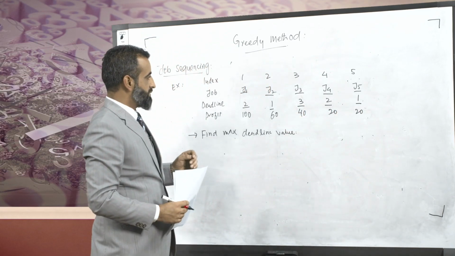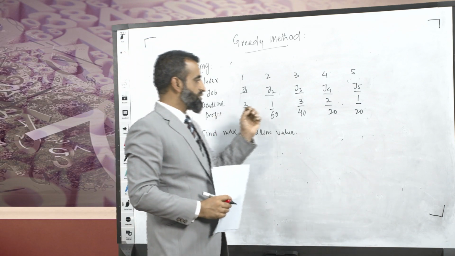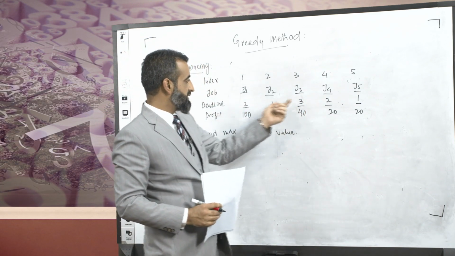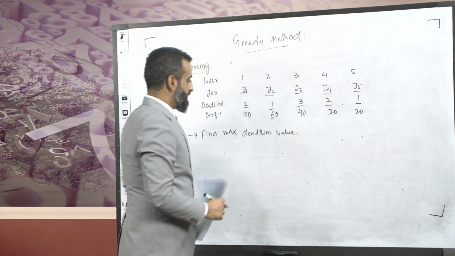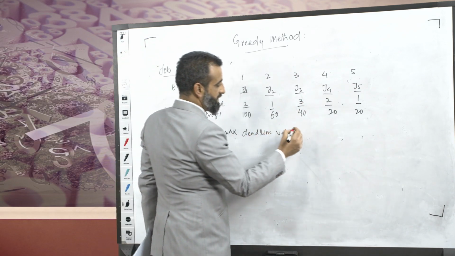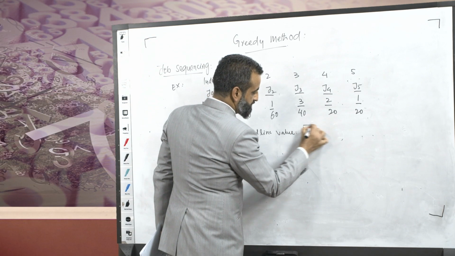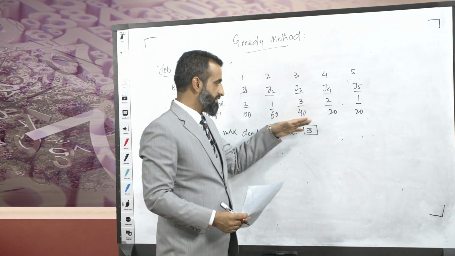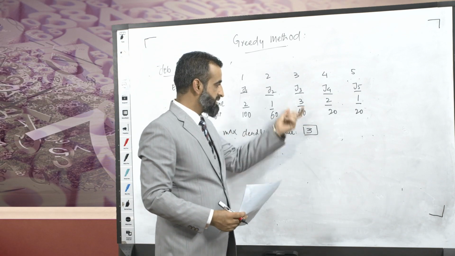In the job sequencing problem using the greedy method, we select the deadline value that has the highest value. So the maximum deadline value here will be 3.